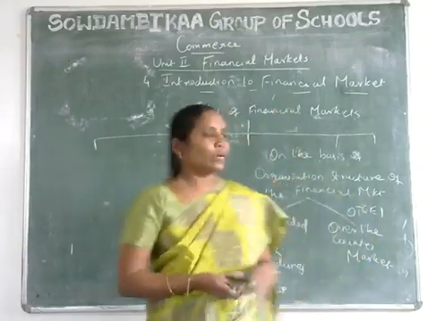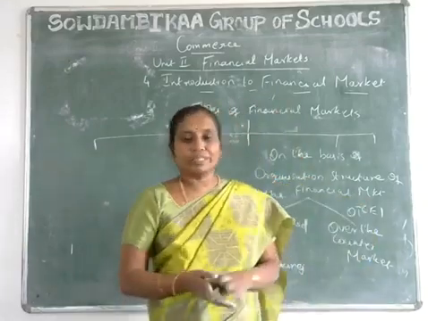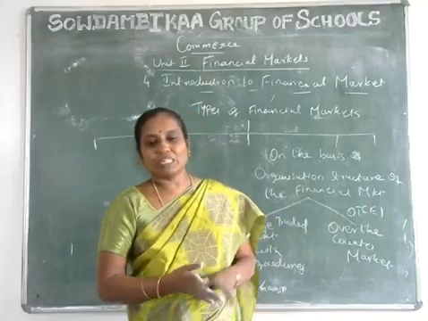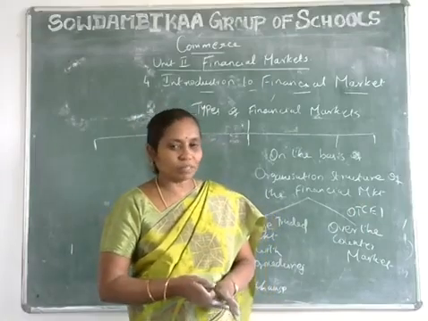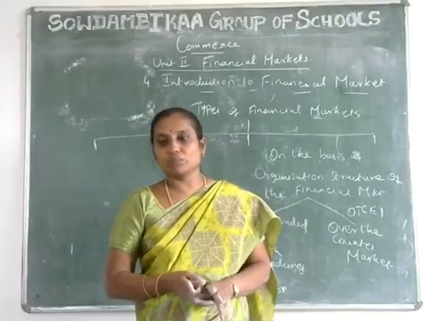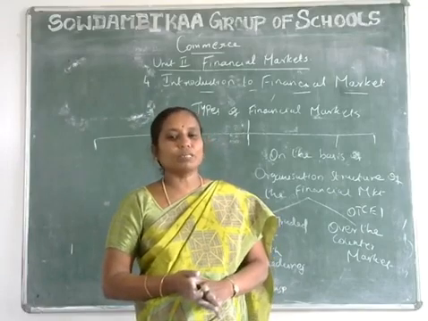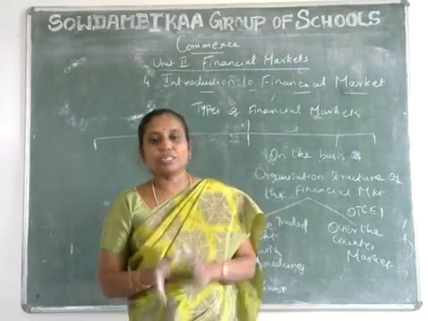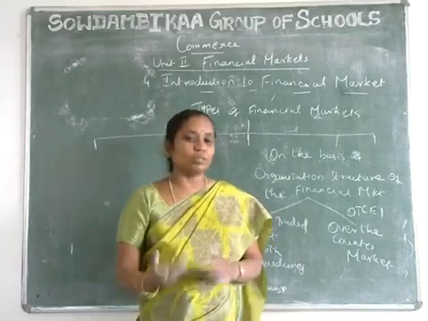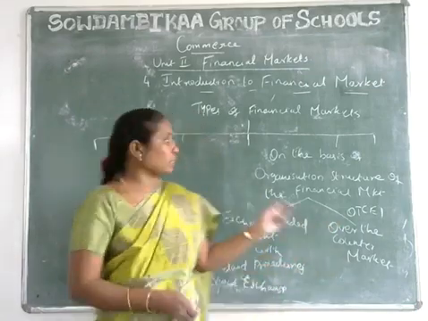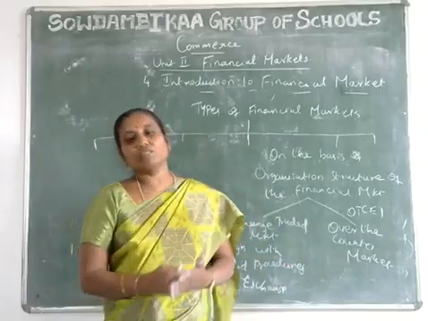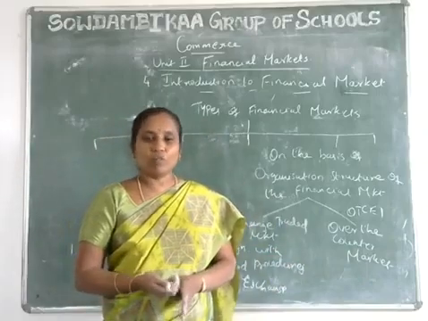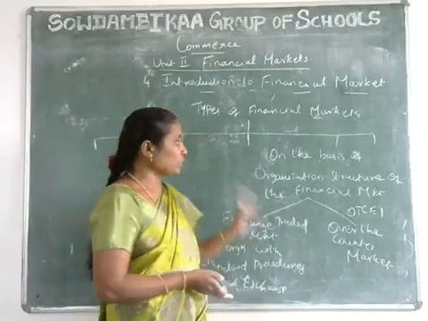Next, on the basis of time of issue of financial claims, you have two types: the primary market and the secondary market. Primary market means issue of new shares, that is the new issue market. Secondary market means resale of securities already traded in the primary market. Then next is on the basis of timing of delivery.